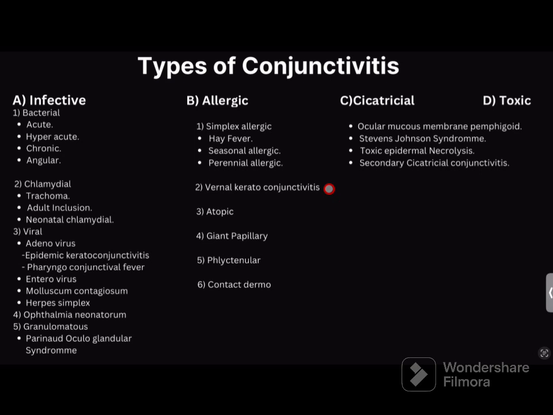Then you have the third type, that is your atopic conjunctivitis, giant papillary conjunctivitis, phlyctenular conjunctivitis, and contact dermoconjunctivitis. The cicatricial type of conjunctivitis is further divided as ocular mucous membrane pemphigoid, Stevens-Johnson syndrome, toxic epidermal necrolysis, and secondary cicatricial conjunctivitis. Then the last and final type of conjunctivitis is your toxic conjunctivitis.